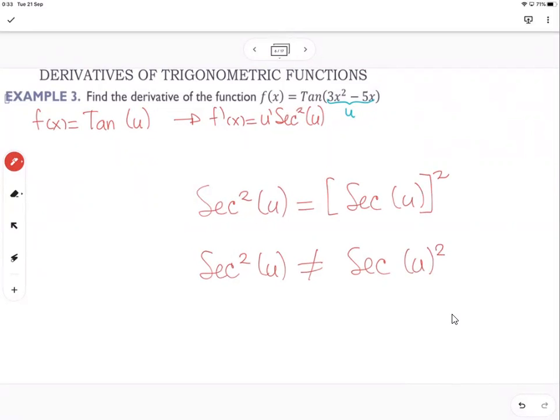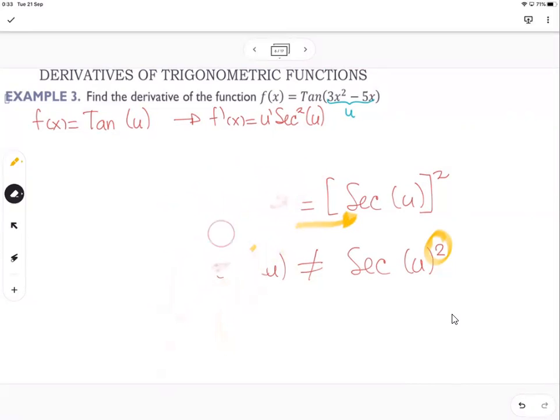When we have the power beside the angle, it's applied to the angle. But when we have it beside the name of the trigonometric function, it means that it is for the whole trigonometric function, including the angle.